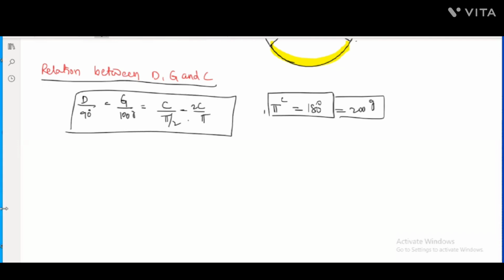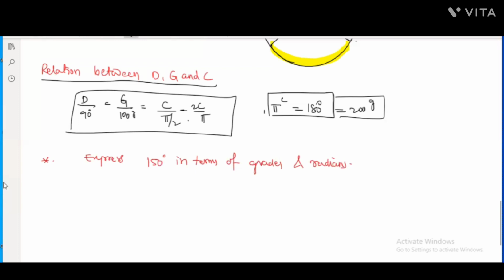Let's see how we can use this relation. We have one example here: express 150 degrees in terms of grades and radians.